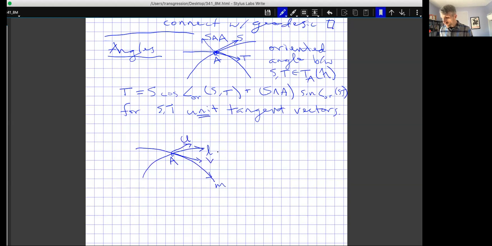And let's then define the directional angle from L to M.